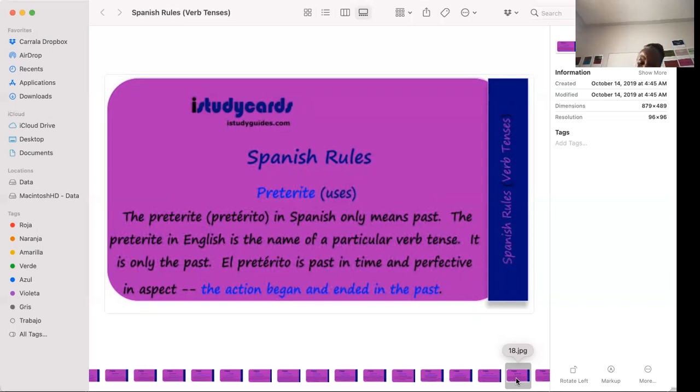If I say simple past tense, they would. A preterito is past in time and perfective in aspect. The action began in the past and it ends in the past. So in Spanish, the preterito means past. It's over, it's dead.